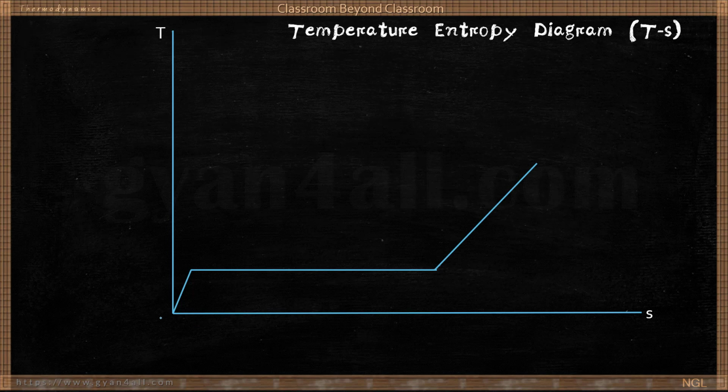Now if we start from point O, that means from say 0 degrees centigrade, and the pressure is atmospheric pressure, then line OA, what does it represent? The increase of temperature of water from 0 degrees centigrade to how much temperature? If it is atmospheric pressure, then this temperature is 100 degree centigrade.